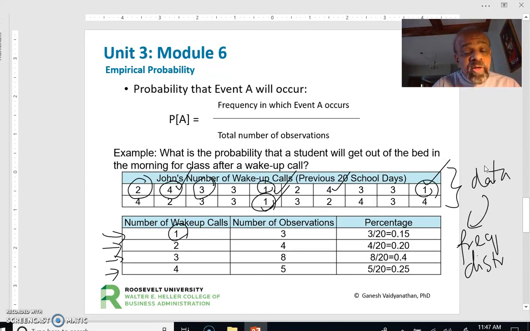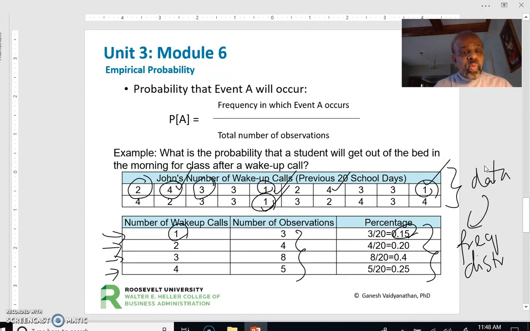So we can calculate the number of observations, and from there, like we did before, we can calculate the percentages. The probability of John waking up with just one wake-up call is only 15%.